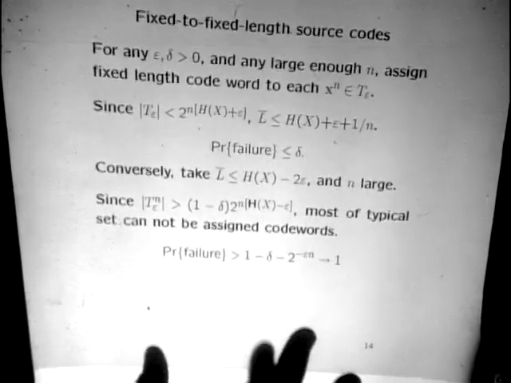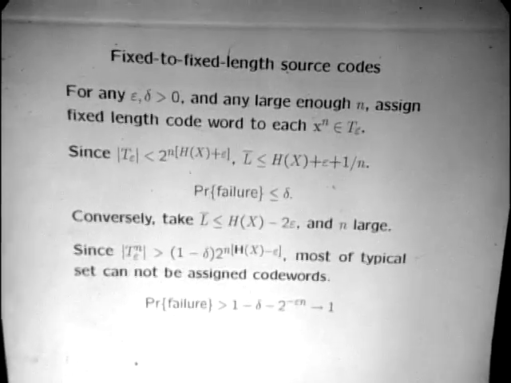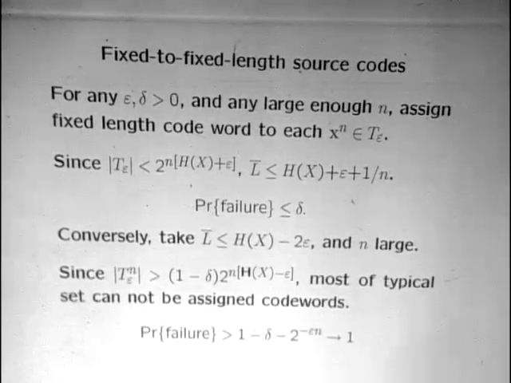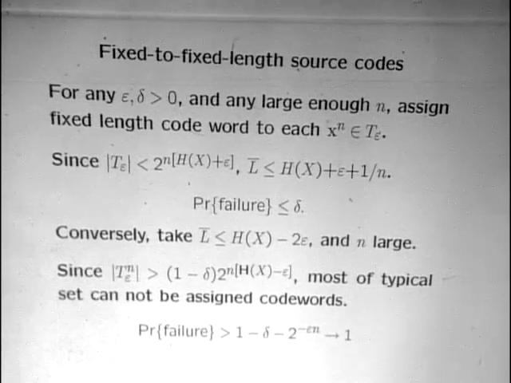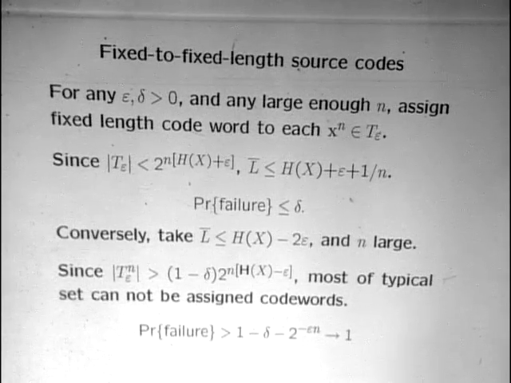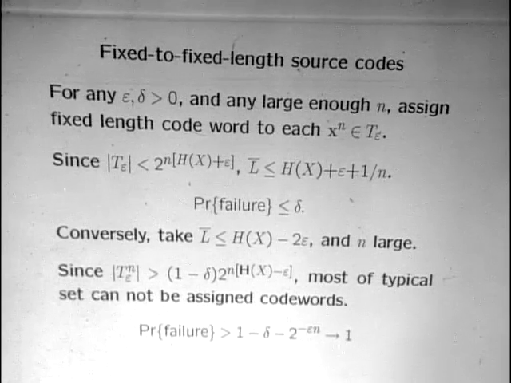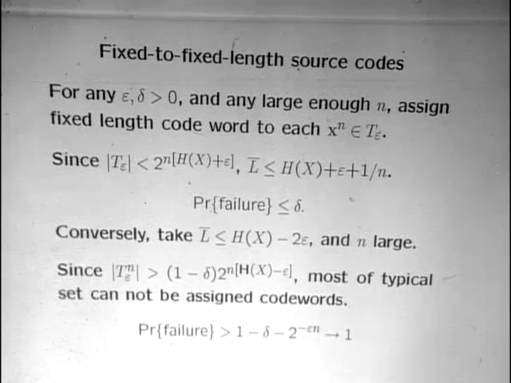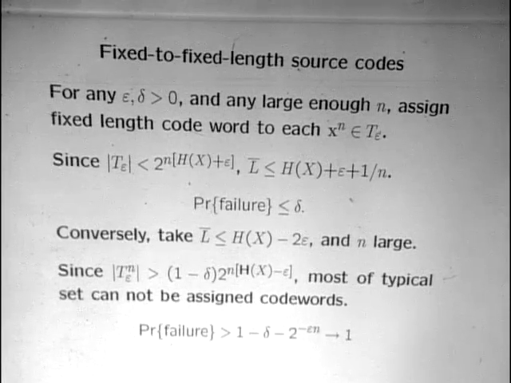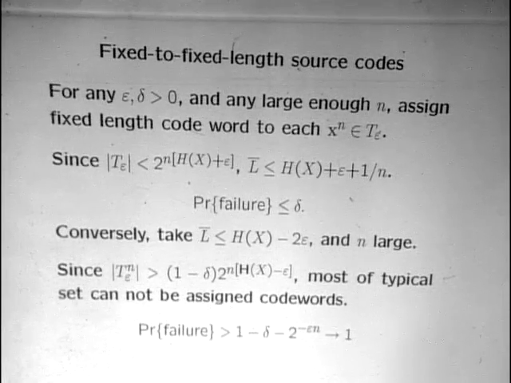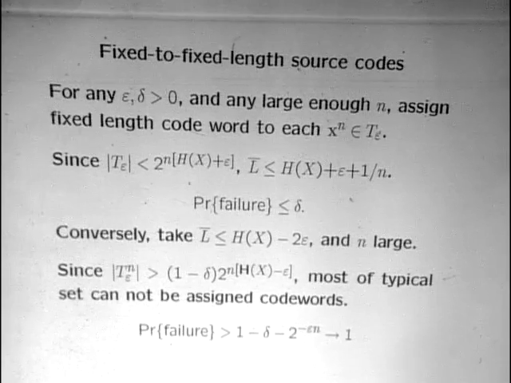OK, so let's go back to fixed-to-fixed length source codes. We talked a little bit about fixed-to-fixed length source codes before. You remember what we did? We said we have an alphabet of size m. We want something which is uniquely decodable. And since we want something which is uniquely decodable, we have to provide code words for everything.